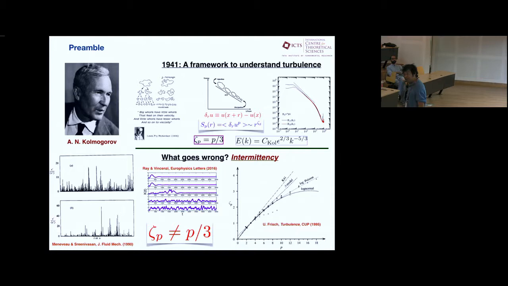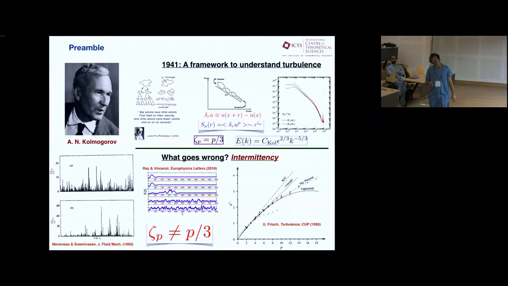However, we know that this is not true. Here is a figure taken from Frisch's book, where we see that actual measurements of these scaling exponents depart quite significantly for higher orders. There is a general consensus, I think, that zeta p is not equal to p by 3, and that these exponents are actually multiscaled in some sense.